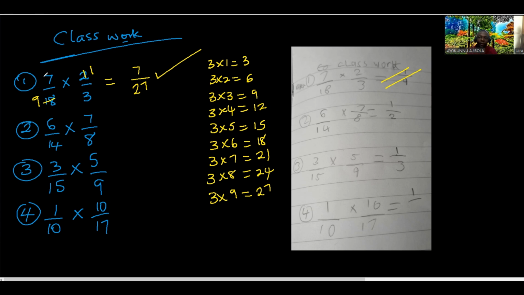So can anything divide themselves again? No. Then what numbers do we have at the top? 1 and 7. So how did I get 7? We did 1 times 7. That is 7. How did I get 27? We did 9 times 3. So now do you understand?